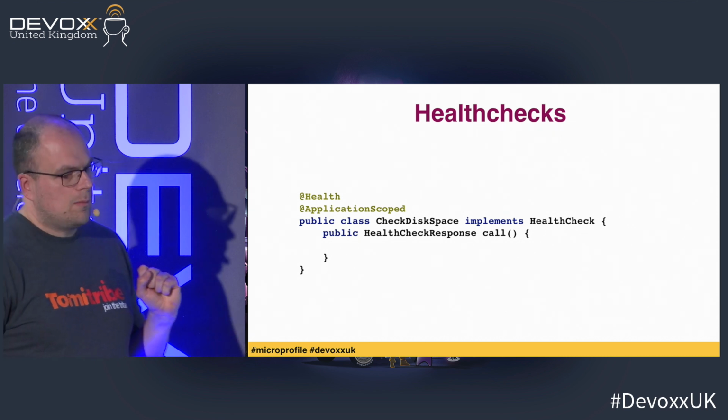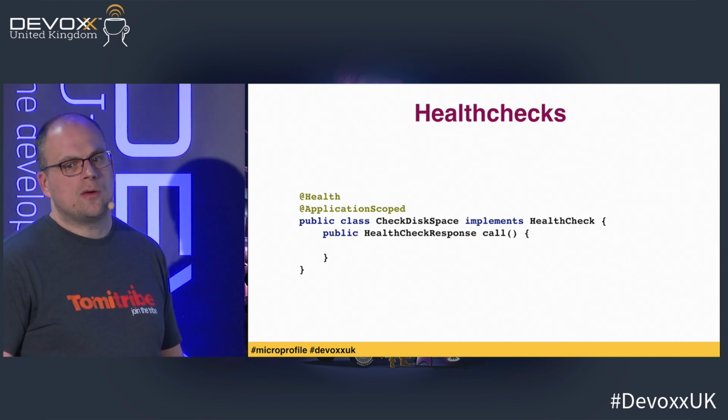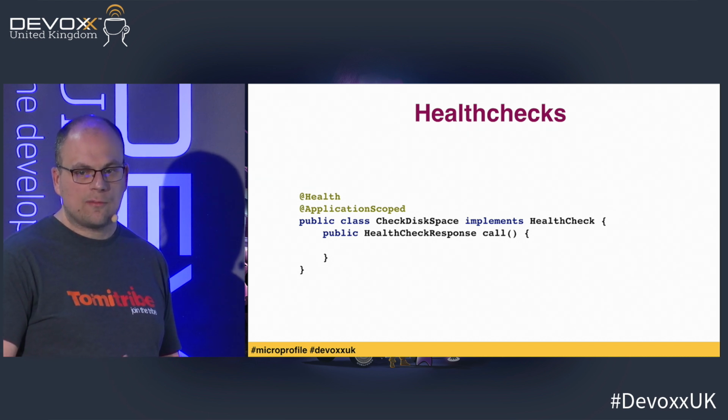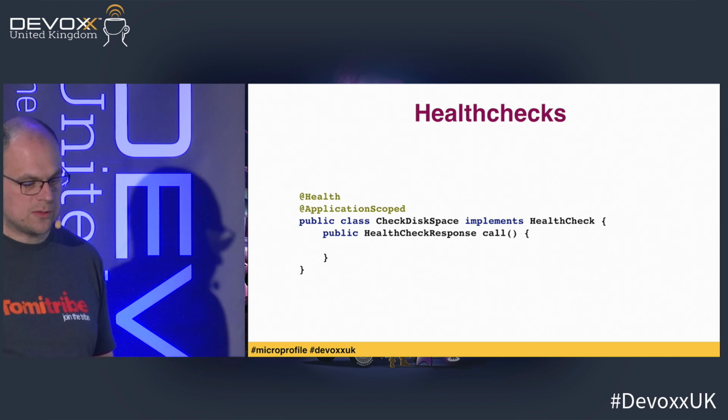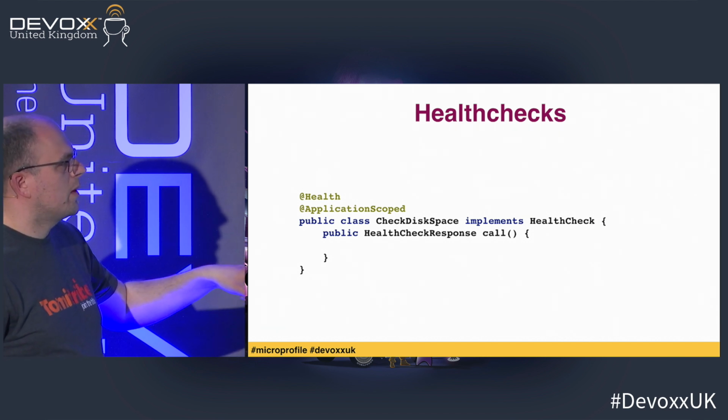The health check specification provides a nice way whereby you can create your own health checks and add them into your application. The example on the screen here shows how we would lay this out.